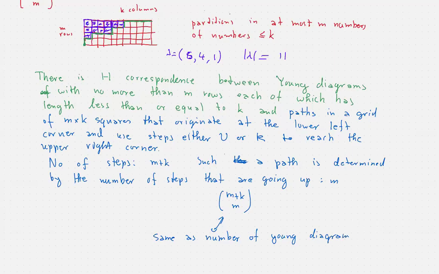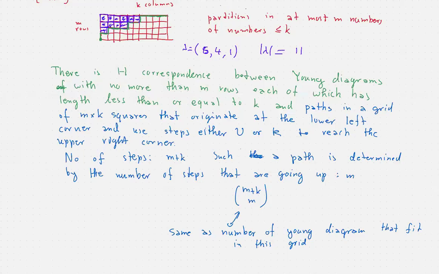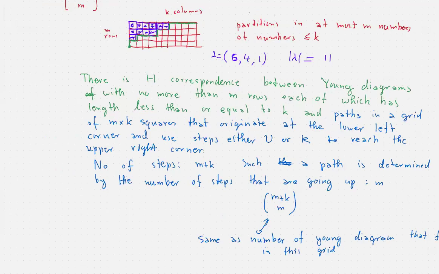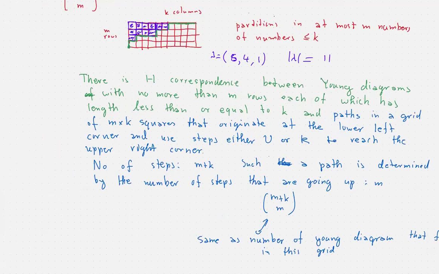So the other thing that we can ask is, the Young diagrams that fit in this grid can represent partitions of what numbers? And pretty much you can have partitions of 0 if you consider a trivial Young diagram that really has no rows or no columns, all the way to k times m, which is if you have a Young diagram that has all the rows of length k.